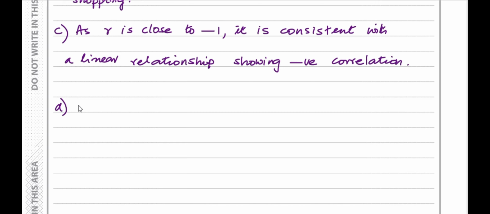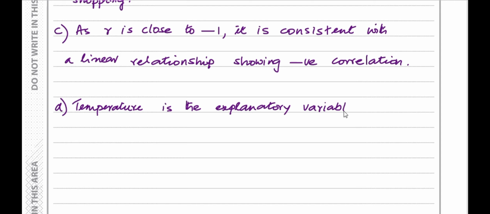So we could write temperature is the explanatory variable, as the sales is affected by temperature.